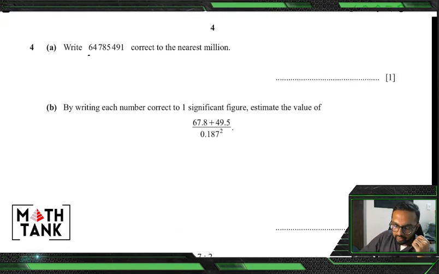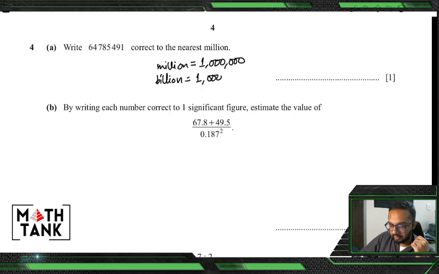Then this has the first part as well. It says correct to the nearest million. You should know a million has 1 and 6 zeros, and a billion has 1 and 9 zeros. So this number that I've written here is basically, let's count how many digits you have. If I put in commas, I have basically 64.785491 million.